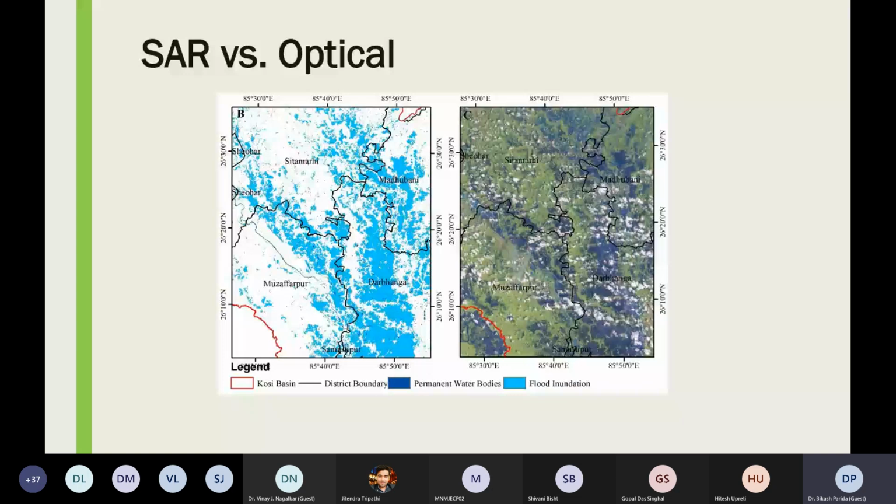Because of the clouds, it is very difficult to work using optical data. The automatic algorithms of remote sensing, any kind of machine learning techniques, you cannot apply on optical to get good results, whereas in SAR data, you see very clear cut flood inundation pixels. So that's the advantage of SAR data with respect to optical.